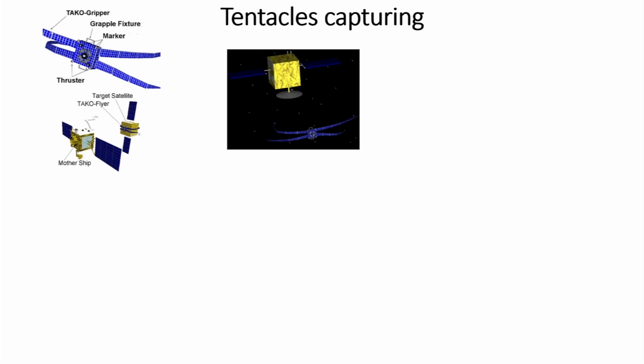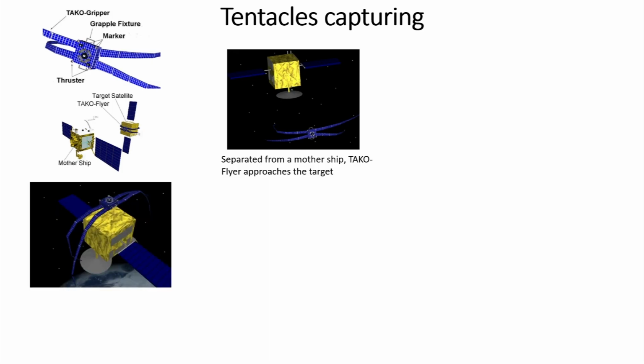Then the teko gripper is separated from the mother ship, and the teko flyer approaches the target. Finally, it grips the target spacecraft. So, it makes an envelope grasp of the target, this is the way.